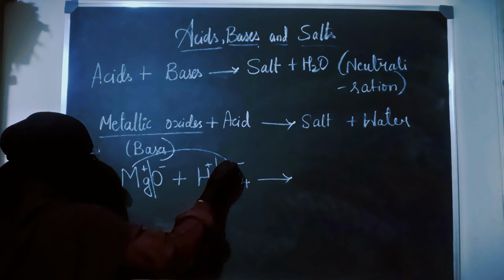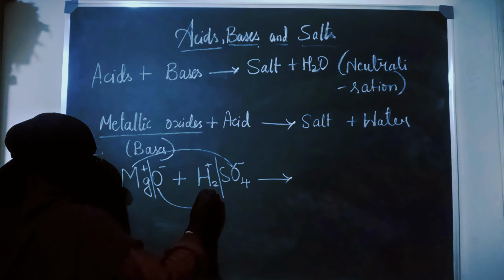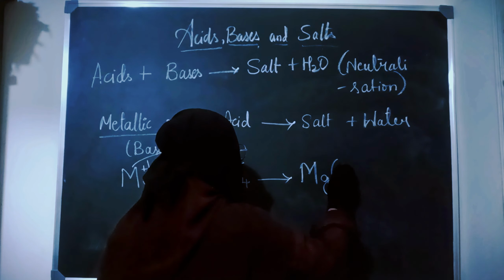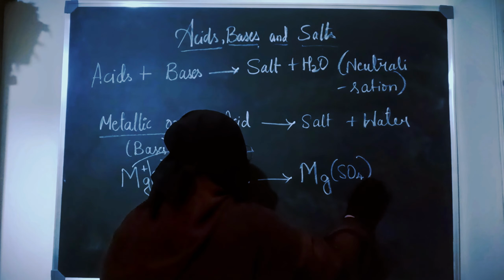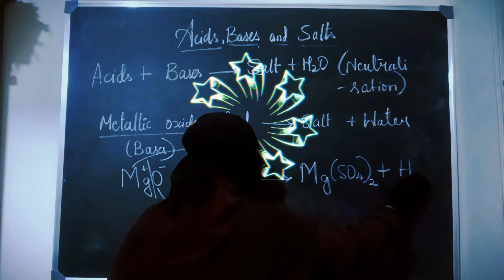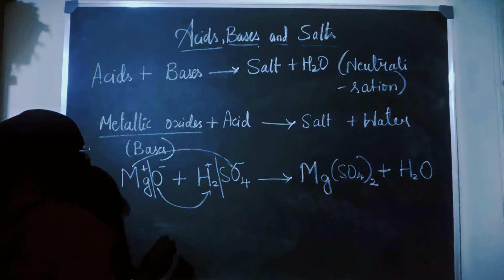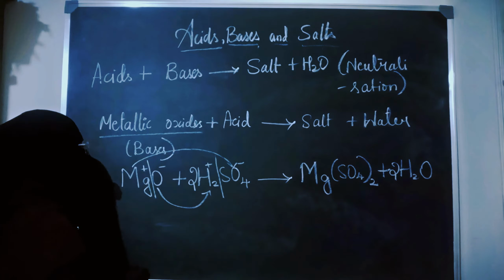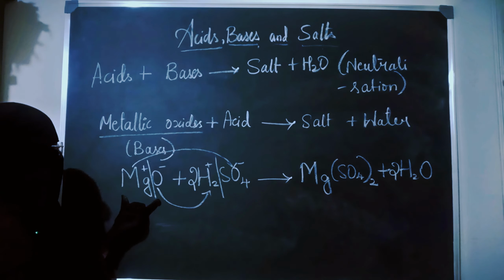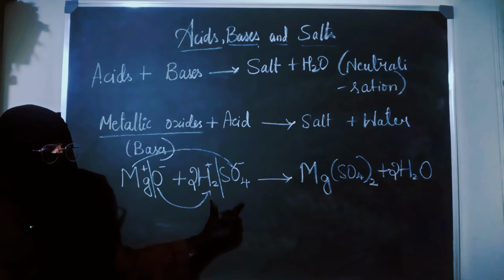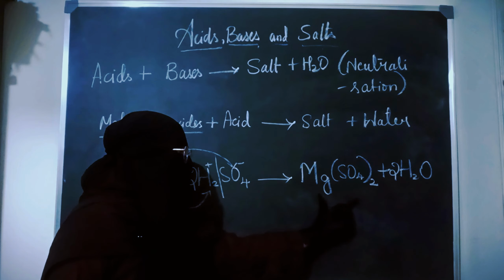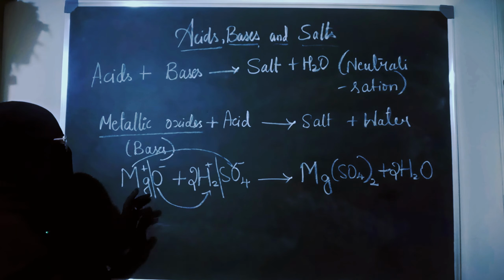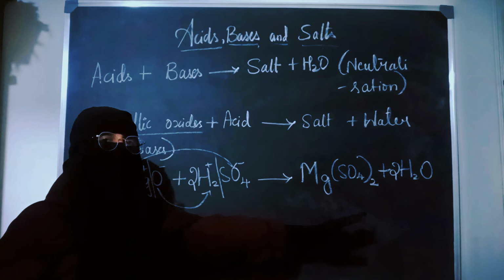This cation will react with the anion and this anion will react with the cation, leading to the formation of MgSO4 plus H2O, and the equation will be balanced. Same thing, when a metallic oxide is made to react with an acid, a salt plus water will be formed. And then you have to make sure that you are balancing the equation.